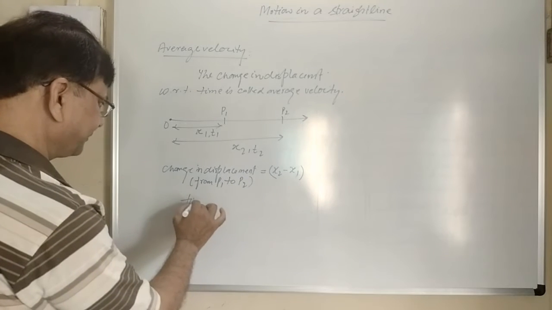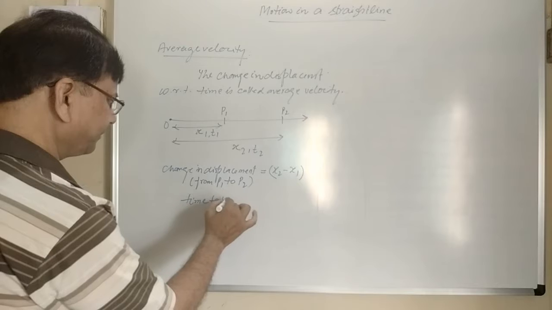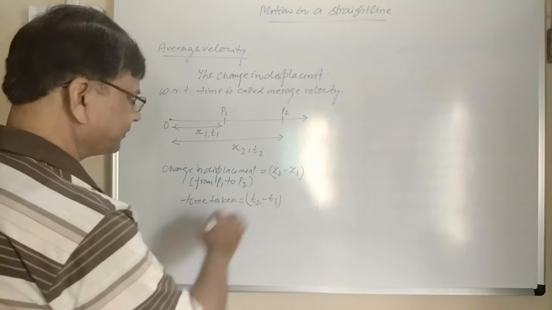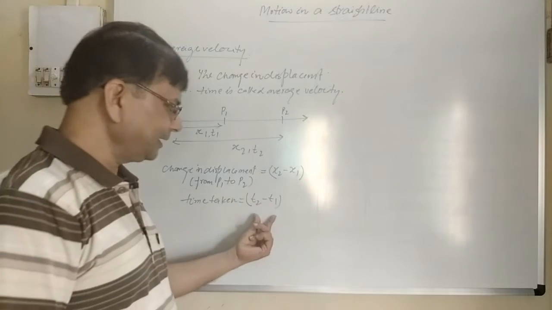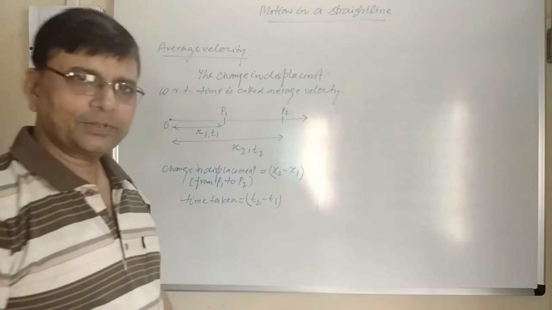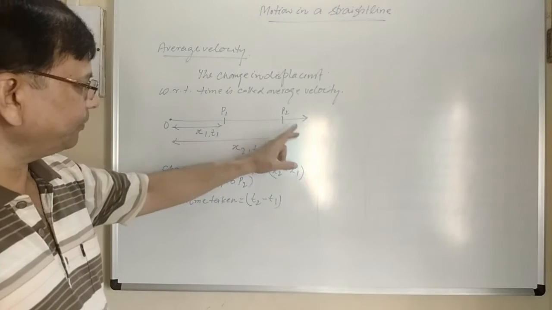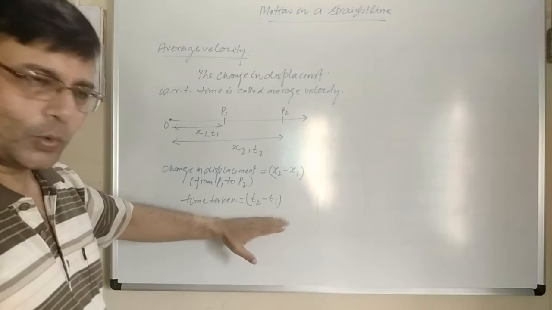And the time taken is equal to t2 minus t1. This is the displacement and this is the time taken. So displacement is known from P1 to P2 and time taken is known.